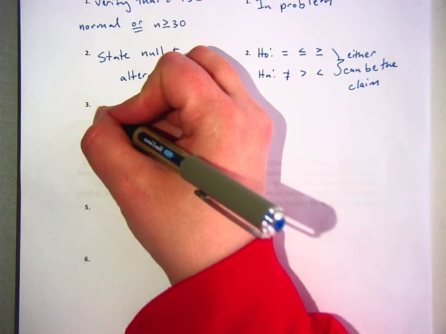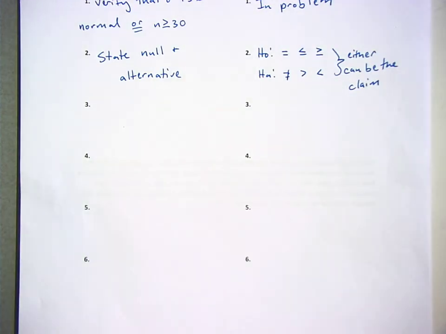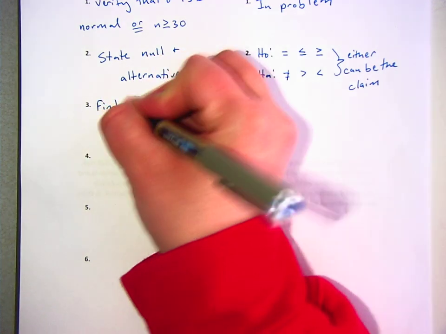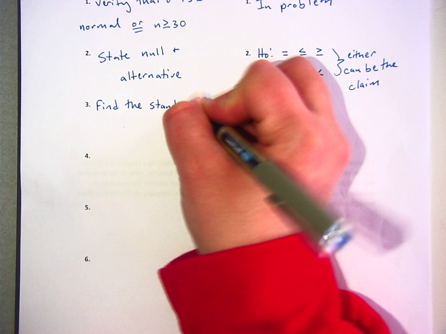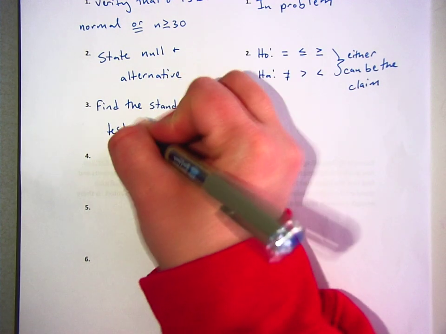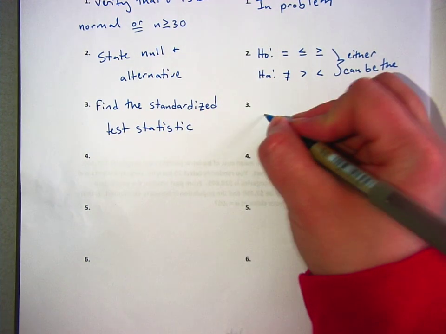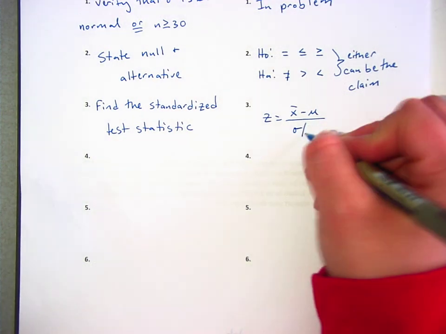Next, we find the standardized test statistic. So this is where it differs. It's z equals x bar minus mu over sigma divided by the square root of n.